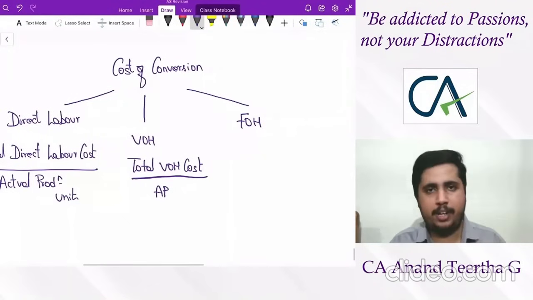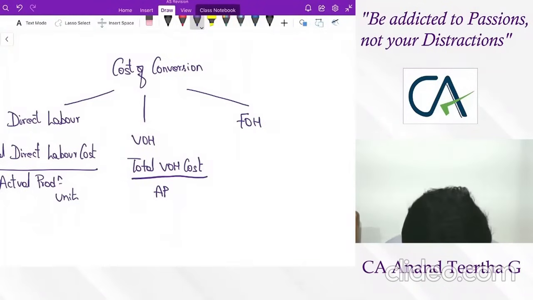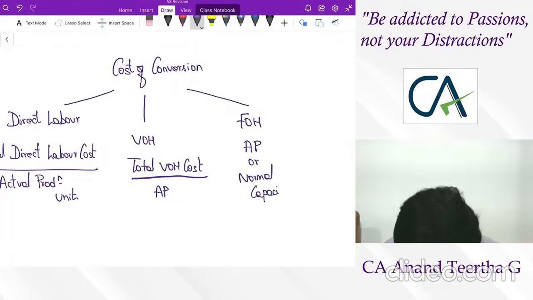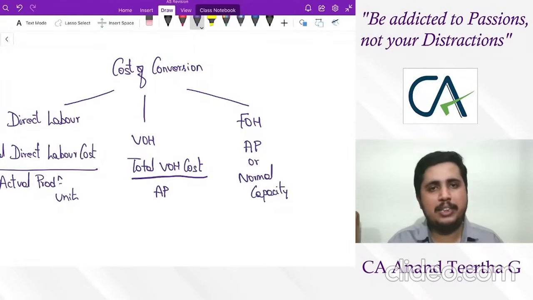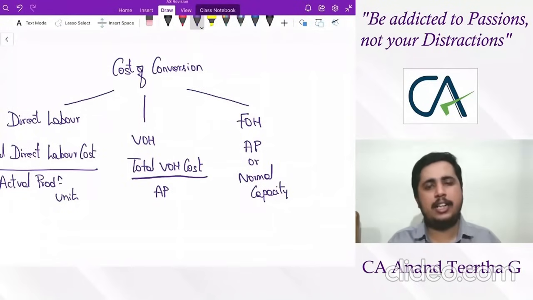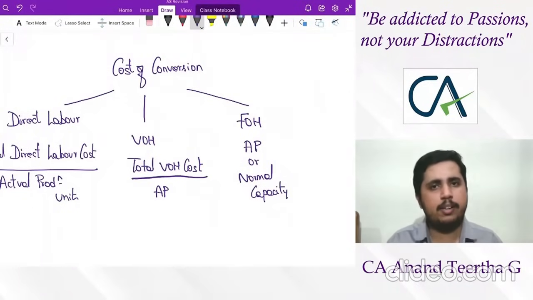It's a bit complicated. Now, in fixed overhead, either it can be actual production or it can be normal capacity. Now, what do you mean by normal capacity? Normal capacity basically means the capacity after considering all the standby times, all the necessary time given for that machinery.